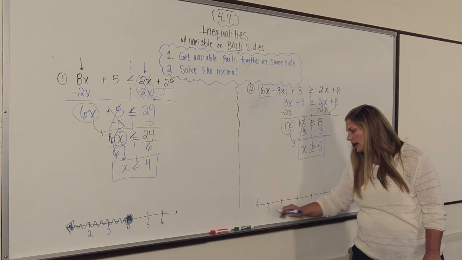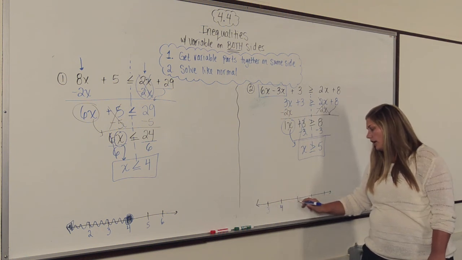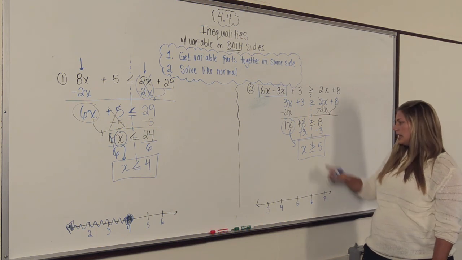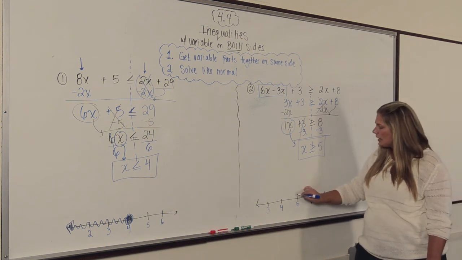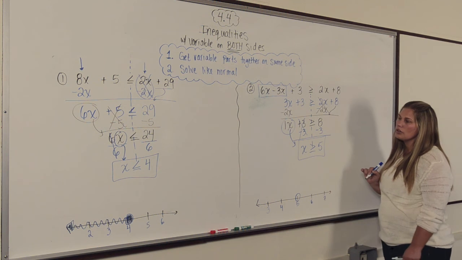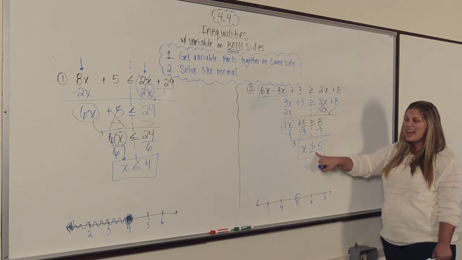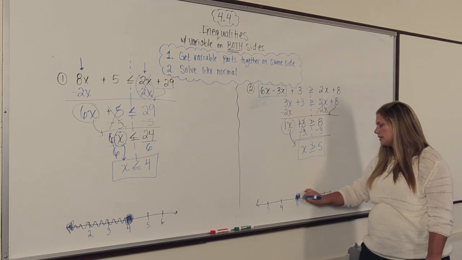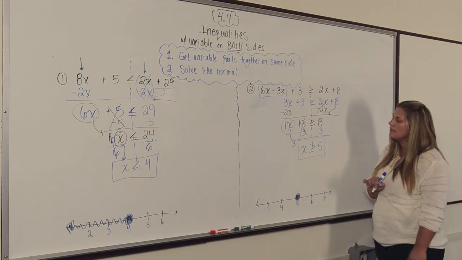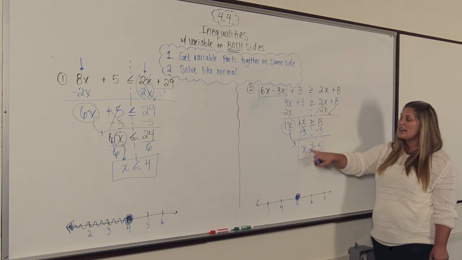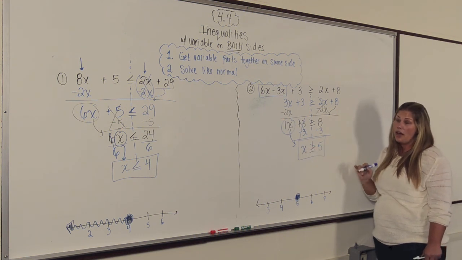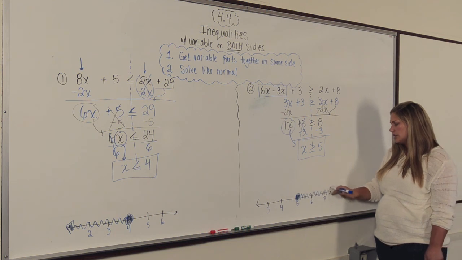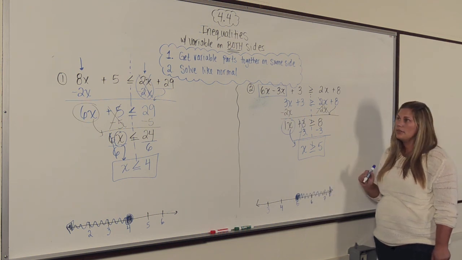So on my number line, I need 3, 4, 5, 6, 7. 5 is the number that's in my solution, so I need to put a circle. And since x can equal 5, remember that means we color in that circle. It means 5 is included. And it's also x is greater than 5. Well, numbers get bigger than 5 or greater as we go to the right.